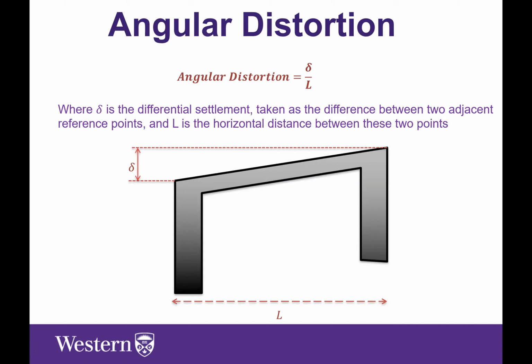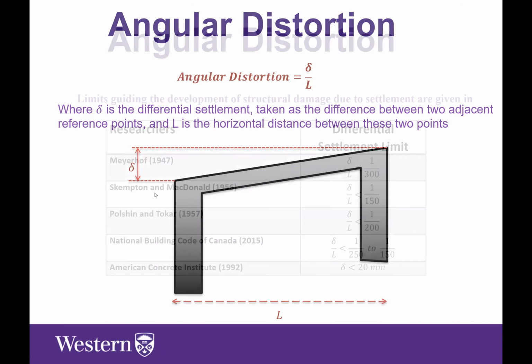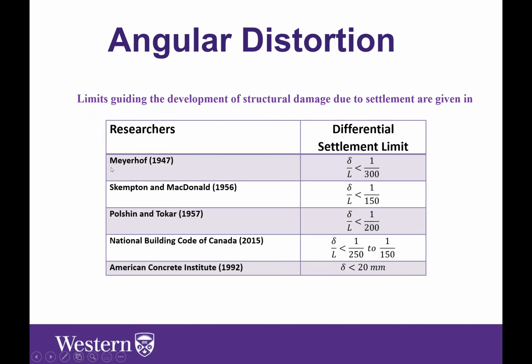If you look in most codes right now, like the Spanish code, the Canadian code, even the Eurocode, I believe, you'd find that the limits are given in terms of angular distortion. These are some of the most notable angular distortion limits proposed in literature. You have Meyerhof in 1947, Skempton, we already talked about him, Polshin and Tokar, and the National Building Code of Canada.